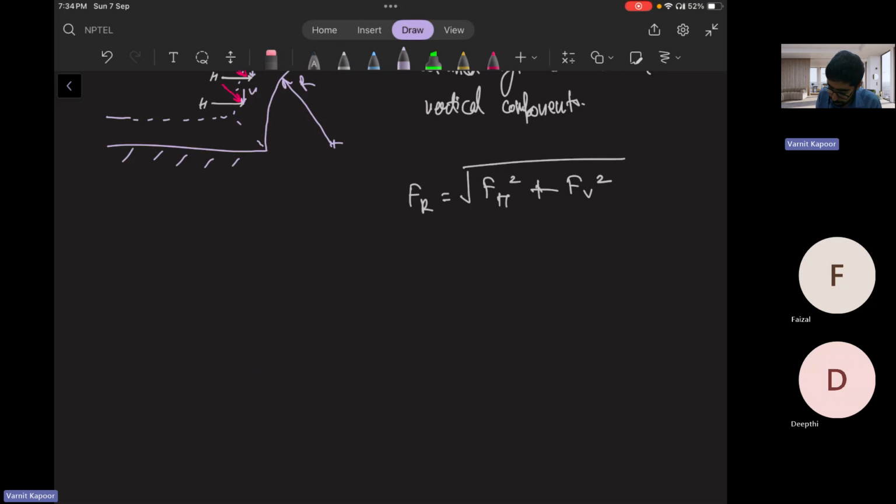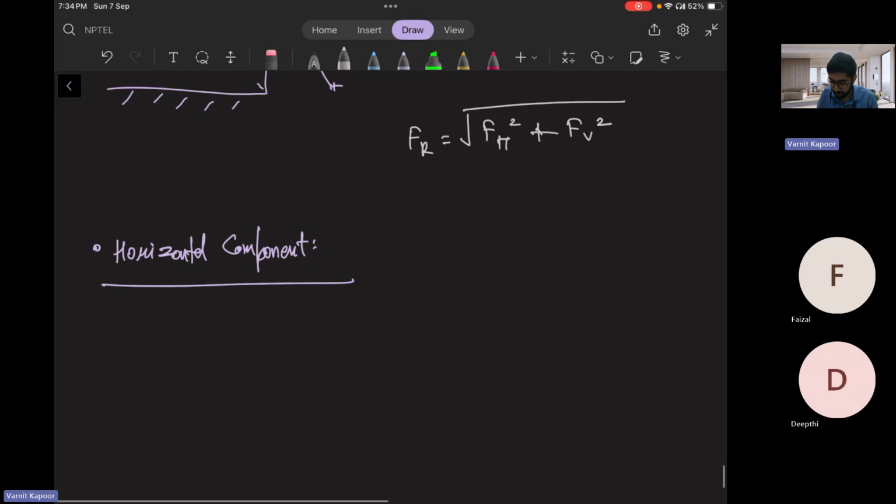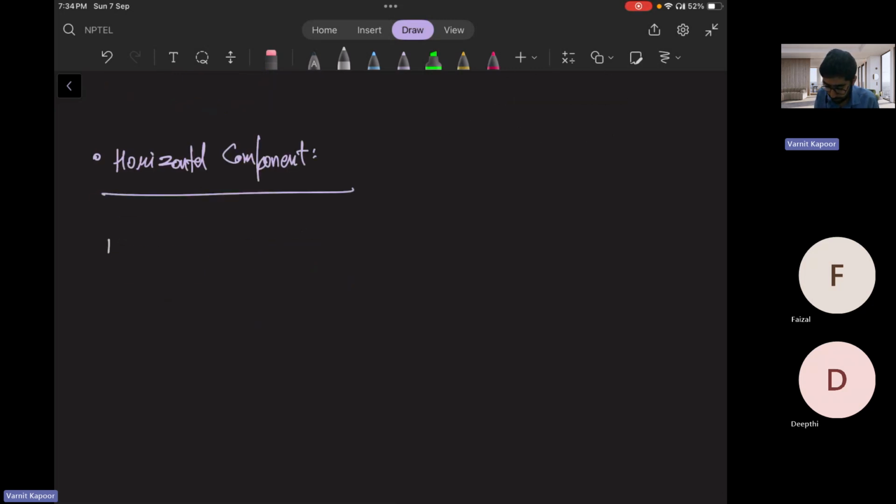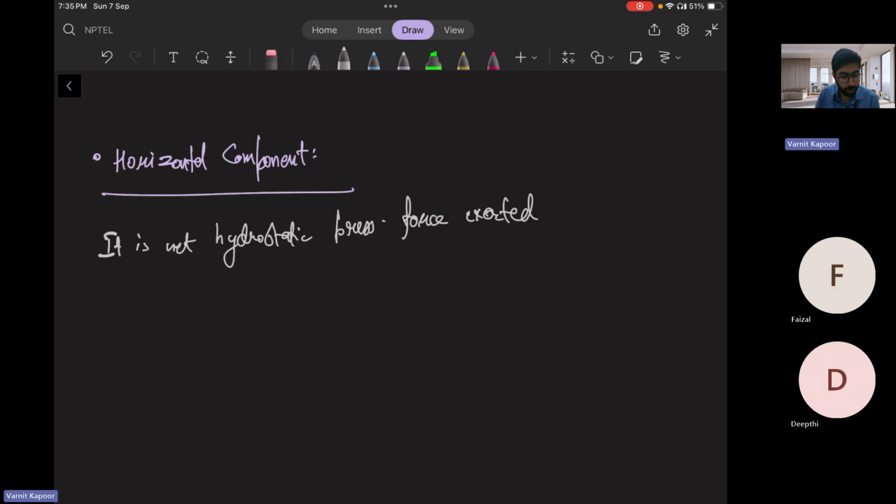Let us discuss the horizontal component. It is the net hydrostatic pressure force exerted on the projected area of the curved surface in a vertical plane.